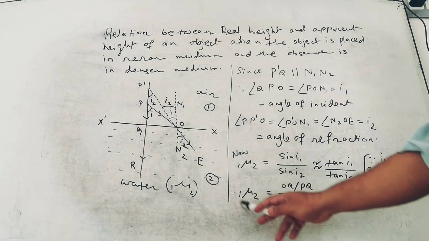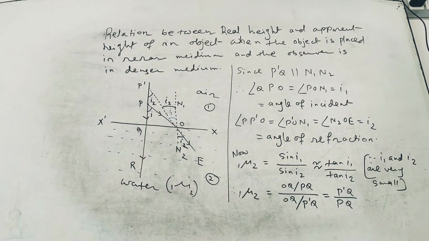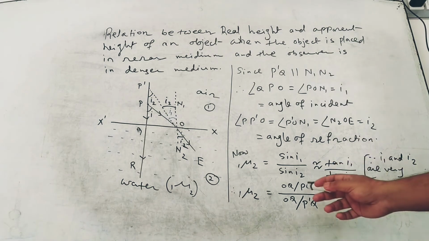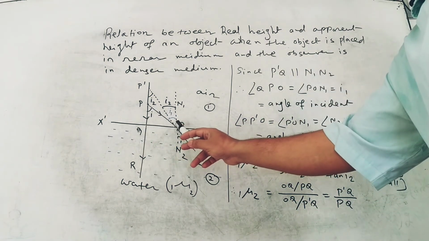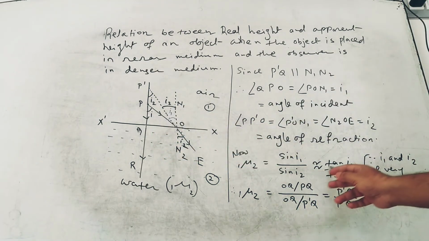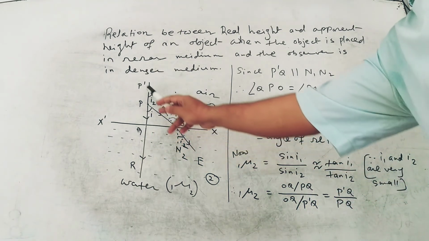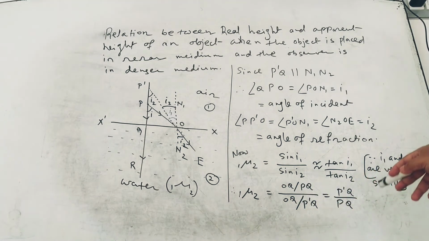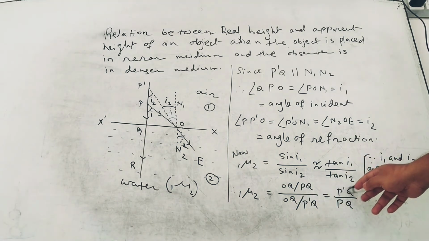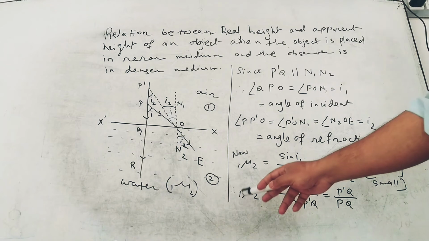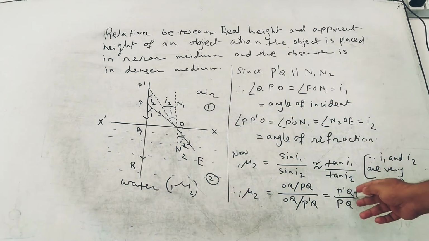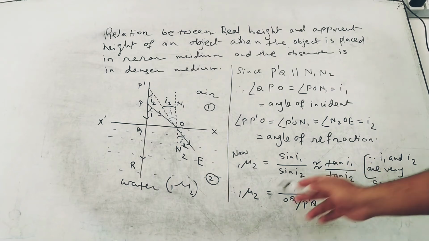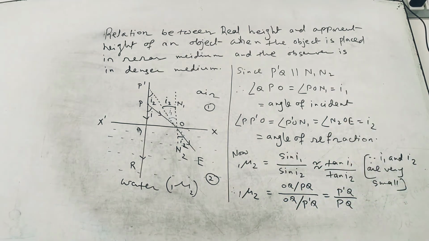Therefore, 1 mu 2, that is the refractive index of the denser medium with respect to the rarer medium, is equal to tan I1 by tan I2, where tan I1 is equal to OQ by PQ and tan I2 is equal to OQ by P prime Q. This gives P prime Q by PQ, the refractive index of the second medium with respect to the first medium, equal to apparent height by real height of the object.